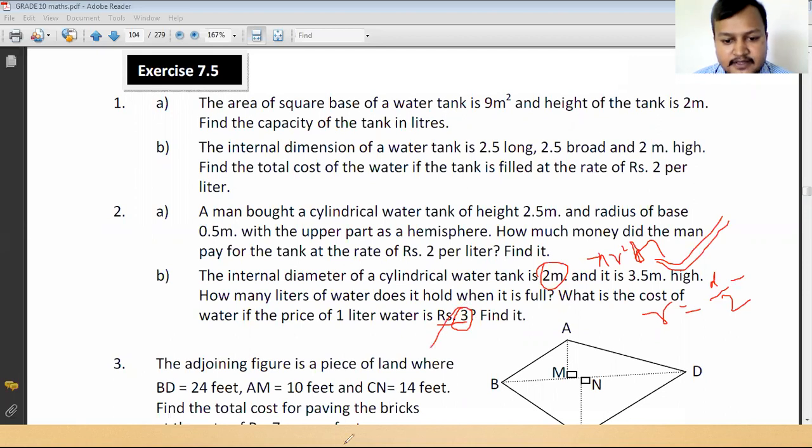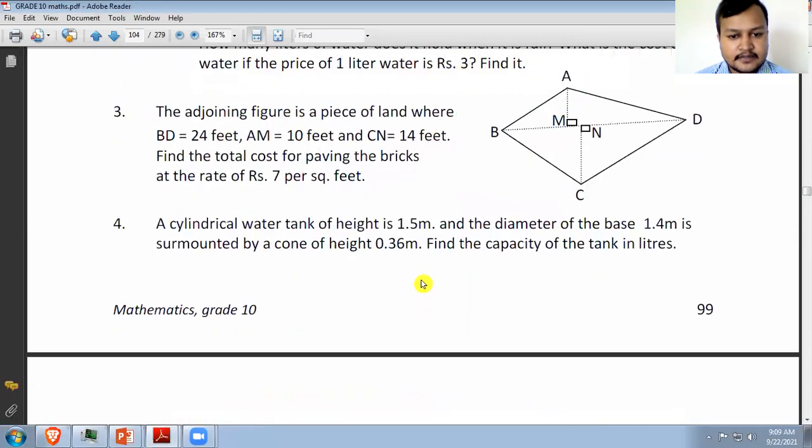Now 3 number we already did yesterday. Question number 4: a cylindrical water tank of height 1.5 meter and diameter 1.4 meter. Height is given, diameter is given, so we have to find the radius from here.